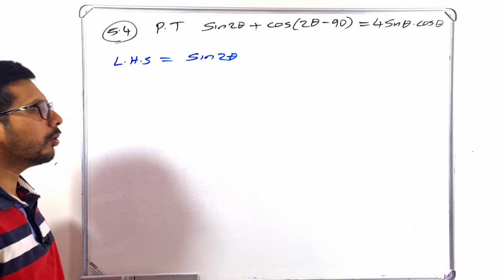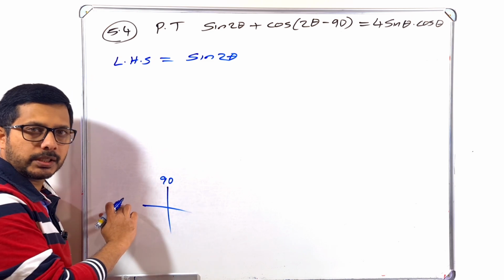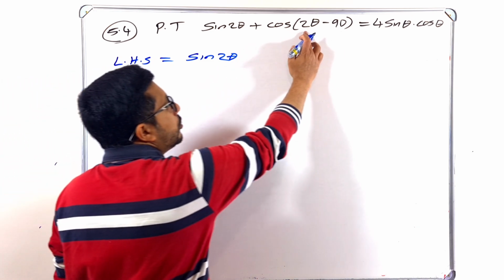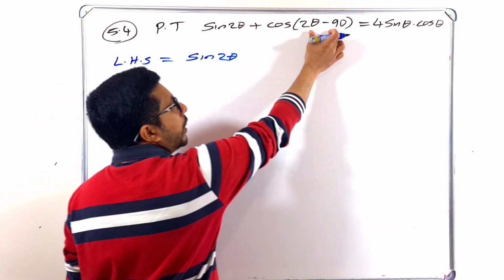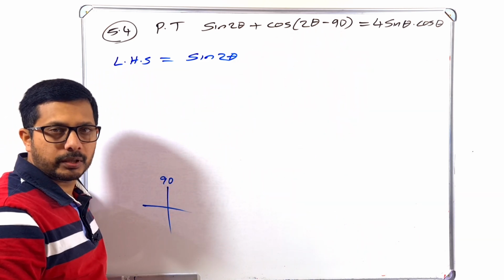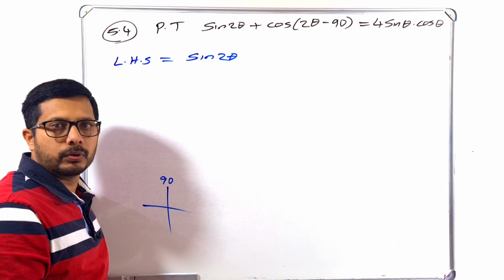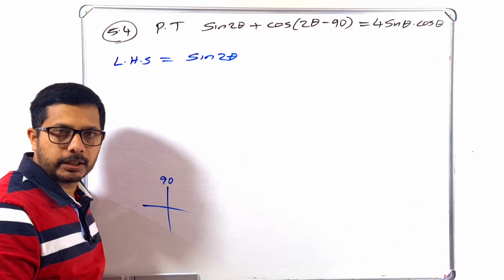Reduction formula, we know only 90 minus theta or 90 plus theta. But here it is 2 theta minus 90. So first of all, we have to convert this one into 90 minus 2 theta. Am I right? In the form that we know, 90 minus theta and 90 plus theta and 180 minus theta, 180 plus theta, like that.